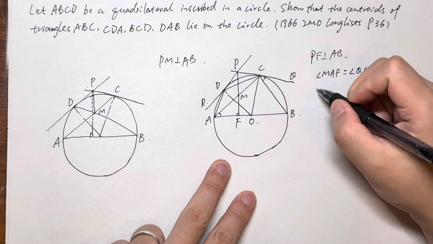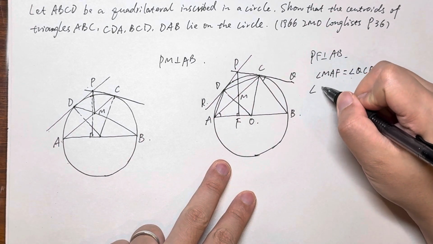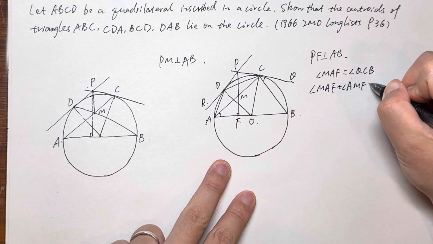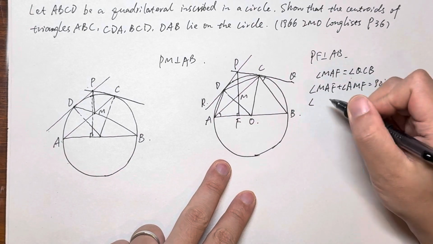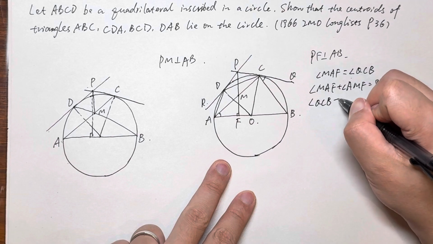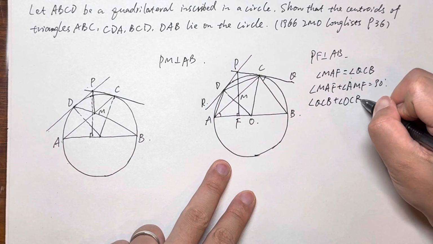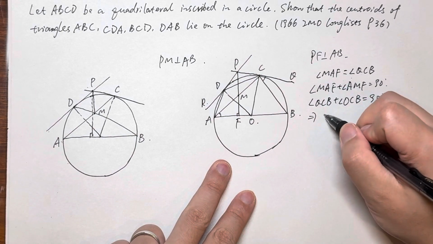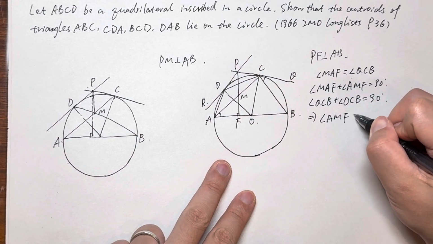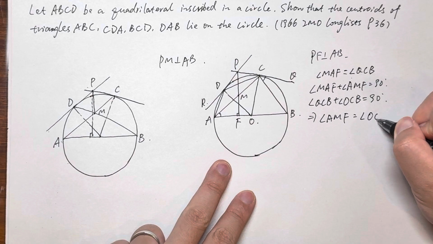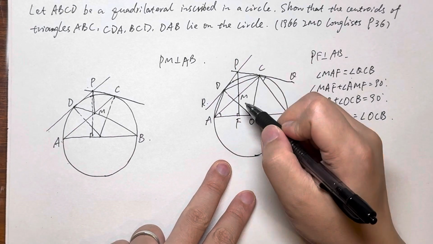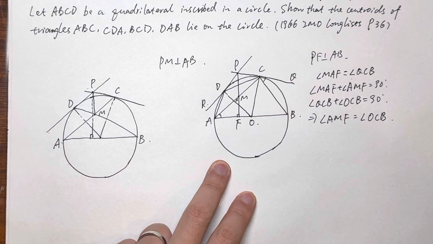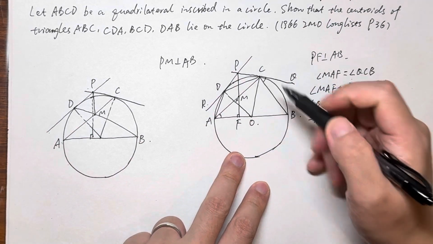And we already know that angle QCB or angle MAF plus angle AMF equals to 90 degrees, and angle QCB plus angle OCB equals to 90 degrees, right? Which means angle AMF equals to angle OCB, right? So this angle, the angle AMF equals to angle OCB, this one.